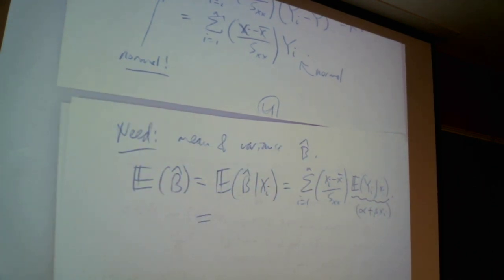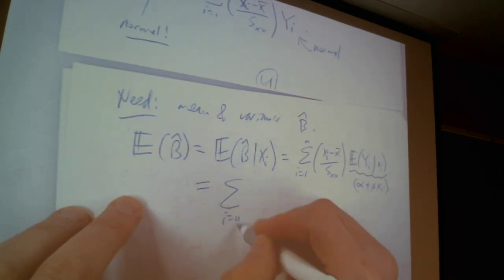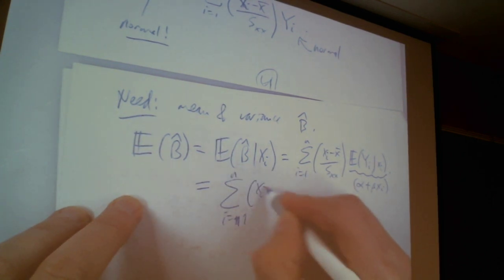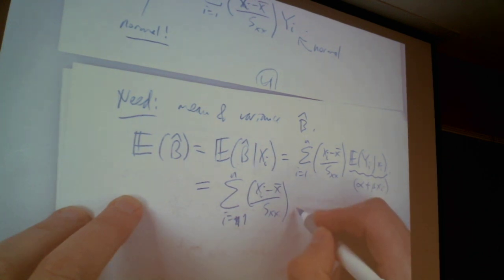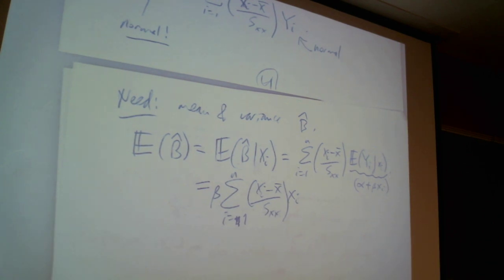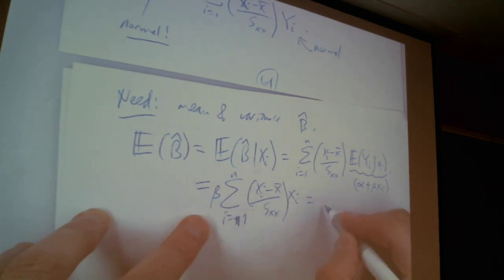So step one is that this is exactly equal to a sum as i goes from 1 to n of xi minus x bar over sxx, times beta, which is a constant, times xi. Okay? So I have this beta, which is a constant. By the way, this sxx is also a constant.